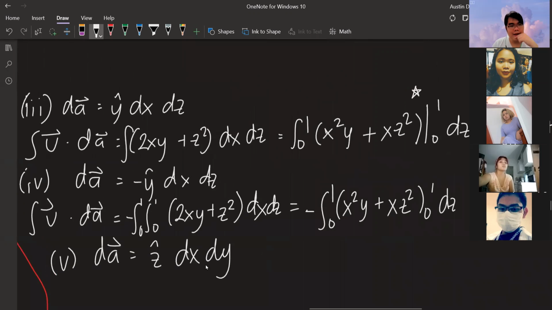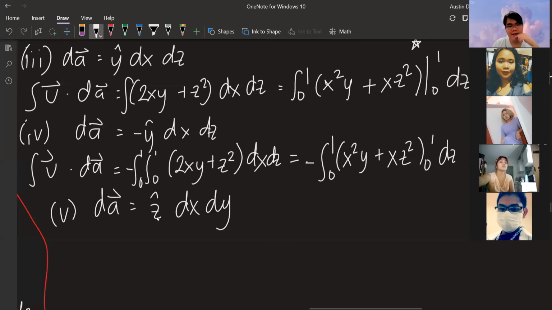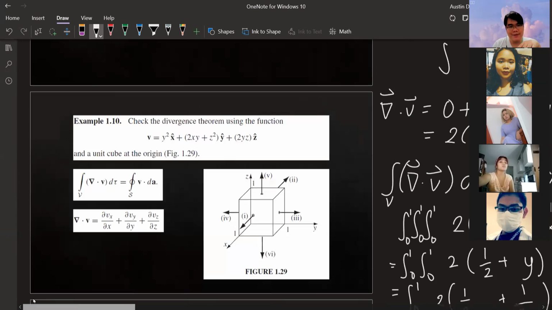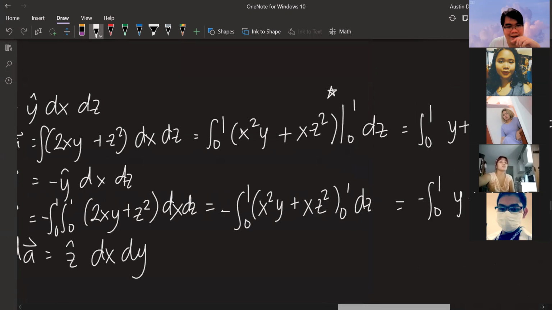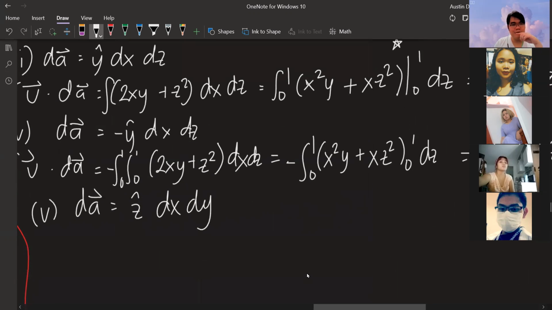Okay? And then z hat yung meron tayo. So check natin ulit ngayon yung anong laman ni v sa z hat. So 2yz. So pakialala. Magkamali na naman ako isulat. So yung integral ng v dotted with dA is just, so dalawa tayo, 0 to 1, 0 to 1.